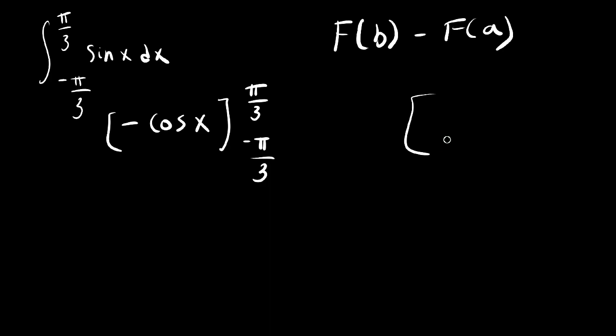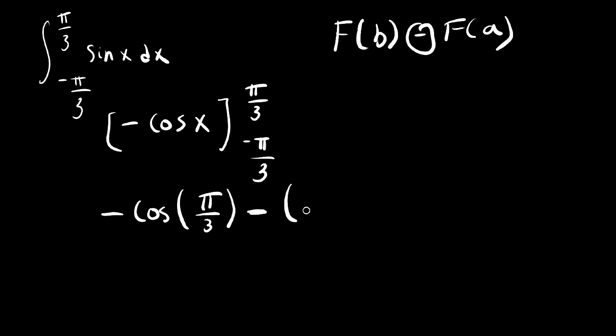So the whole thing goes f of x from a to b. So you just plug in b, and then you plug in a, and then you get that. So that's basically how you do that. So you'll have negative cosine x from negative pi by 3 to pi by 3. So we can do negative cosine of pi by 3 minus, because of this part of the formula, negative cosine of negative pi by 3.